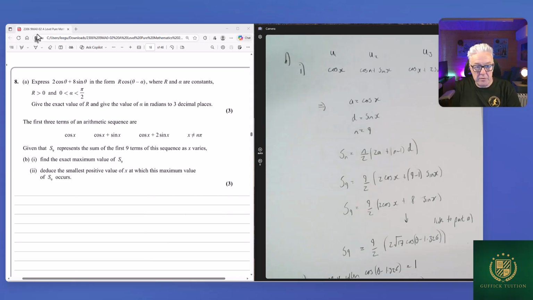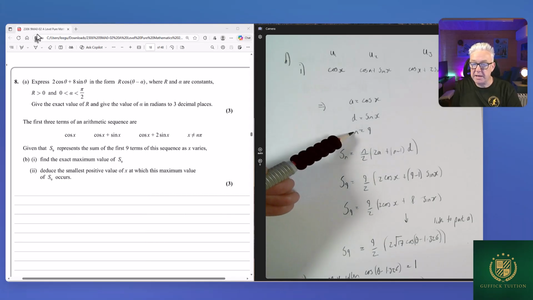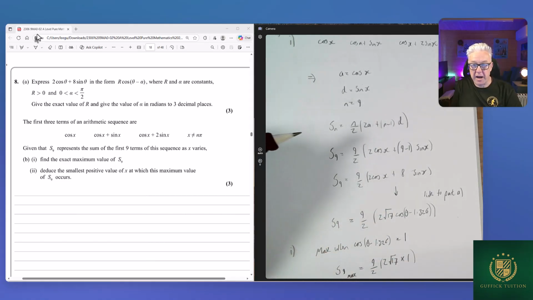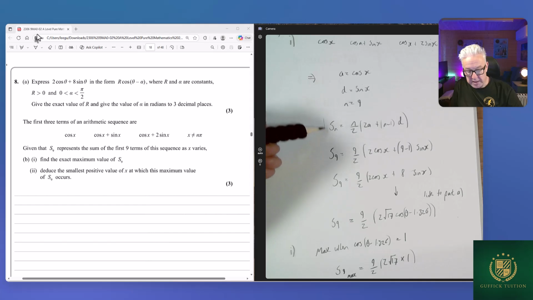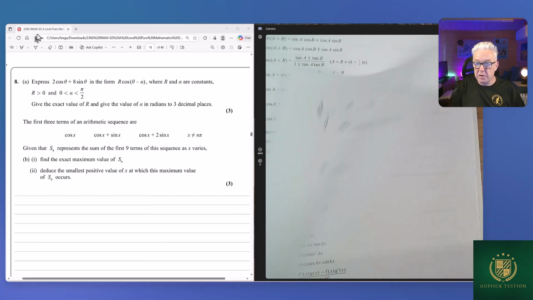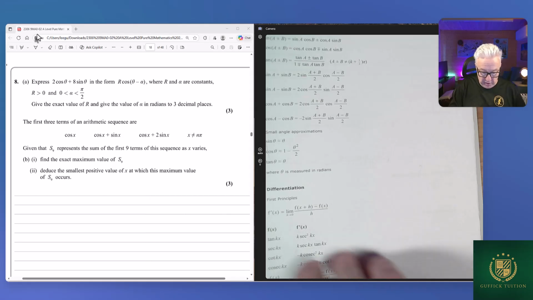It says given that S9 represents the sum of the first 9 terms of this sequence, find the exact maximum value of S9. So n is 9, so we're going to use the formula for the sum of an arithmetic sequence or series, which we're given in the formula booklet. Okay, so let's just have a look and see where we're going to find that.